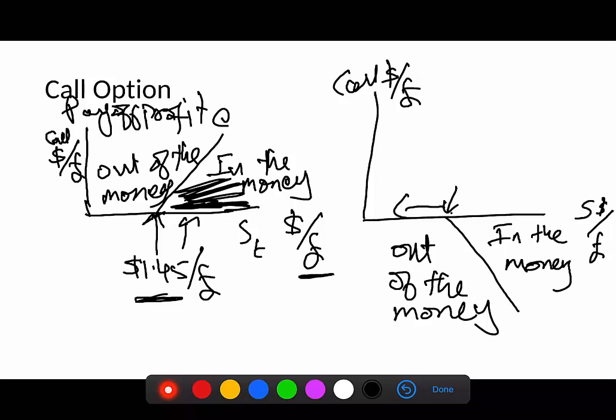Remember, this is the strike price level, 1.45 per pound.